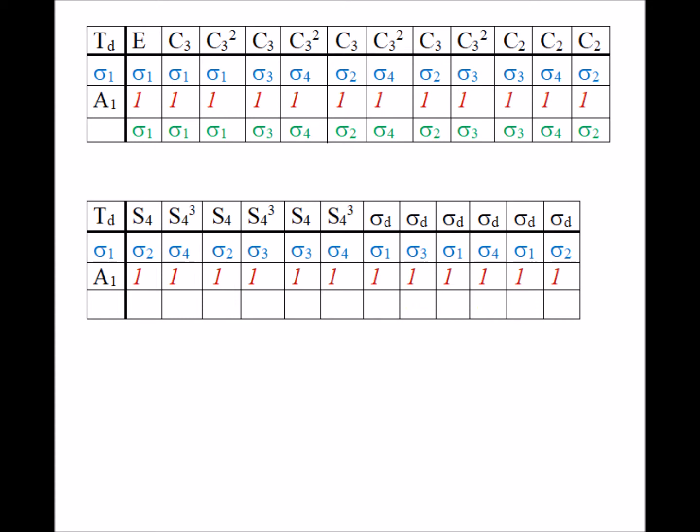And we've shown that for the top half of the table, and here for the bottom half of the table for the irreducible representation A1.